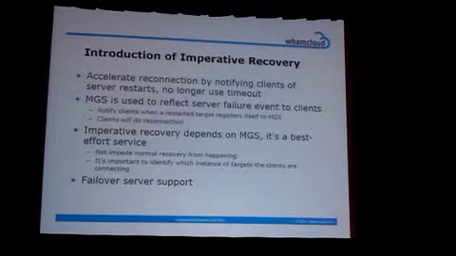Imperative IR depends on MGS right now, so it is a best effort service because the MGS can be down.